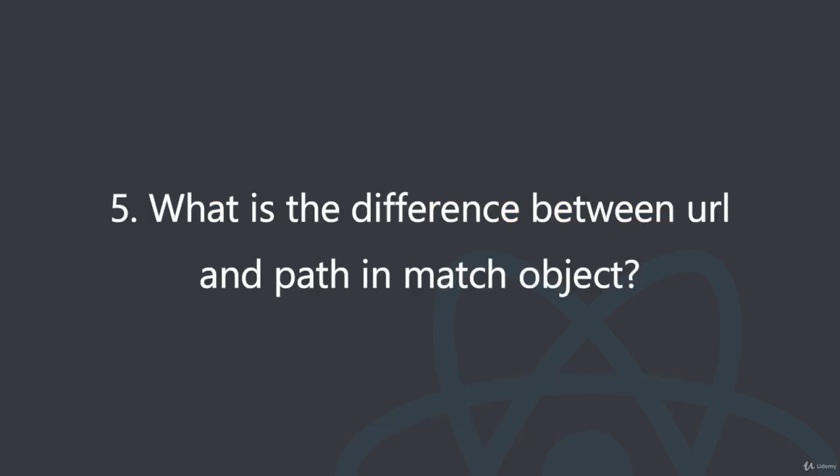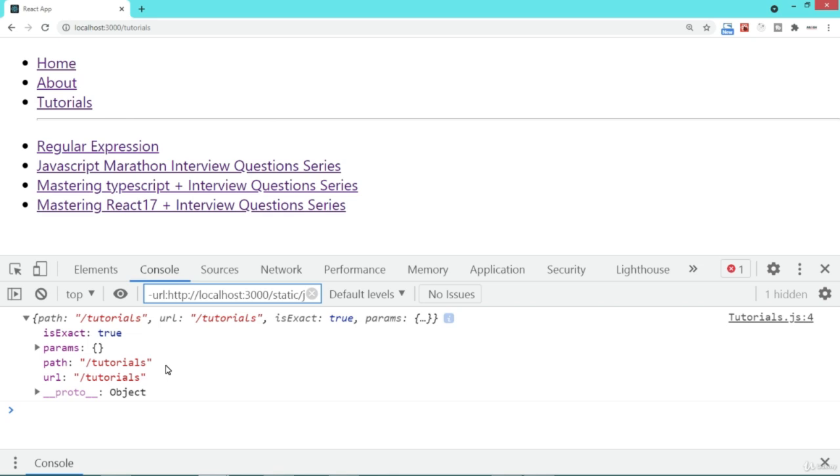And the last question is, what is the difference between URL and path in the match object? As I mentioned earlier, it displays the path, the URL, isExact, that is, whether we have exact route checking or not. Here both path and URL are showing the same value at the moment, but there is a difference.